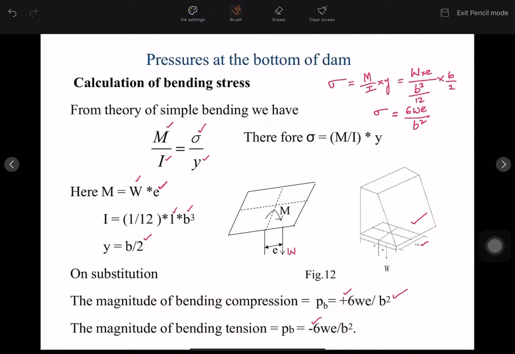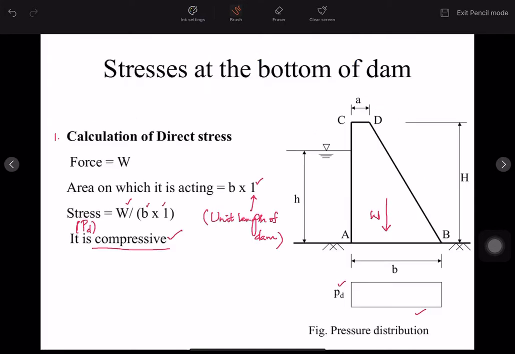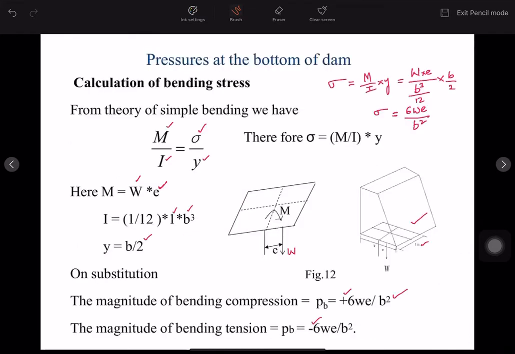So for calculating stresses at the bottom of the dam, you calculate initially the direct stress, and second, the bending stress.